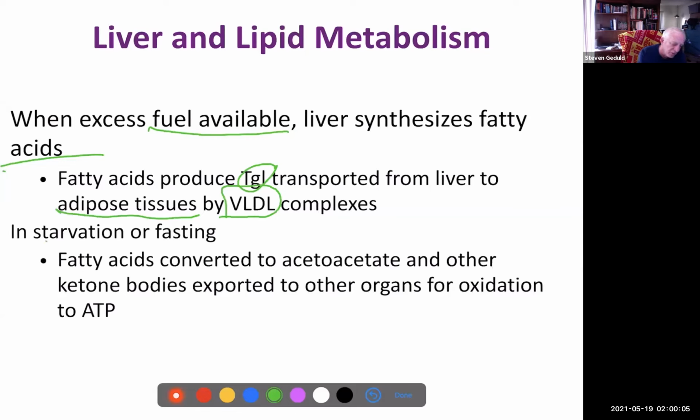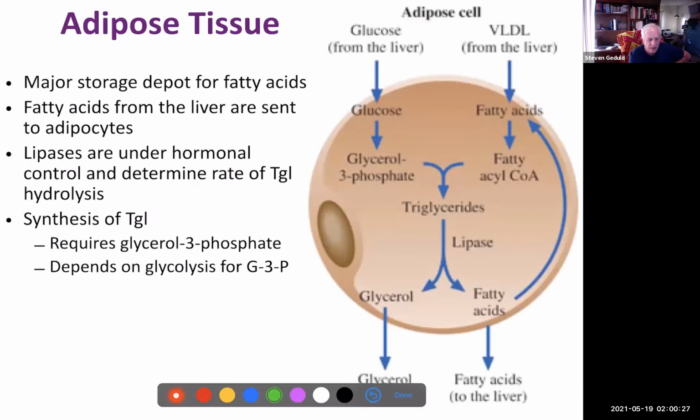In starvation or fasting, fatty acids are converted to acetoacetate, and the ketone bodies, remember, are exported to other organs for oxidation to ATP. You don't have the regular glucose to run the Krebs cycle to produce pyruvate, to produce acetyl coenzyme A.